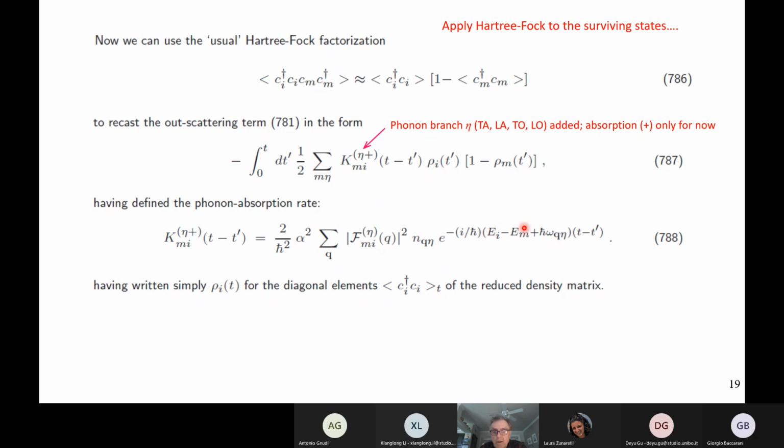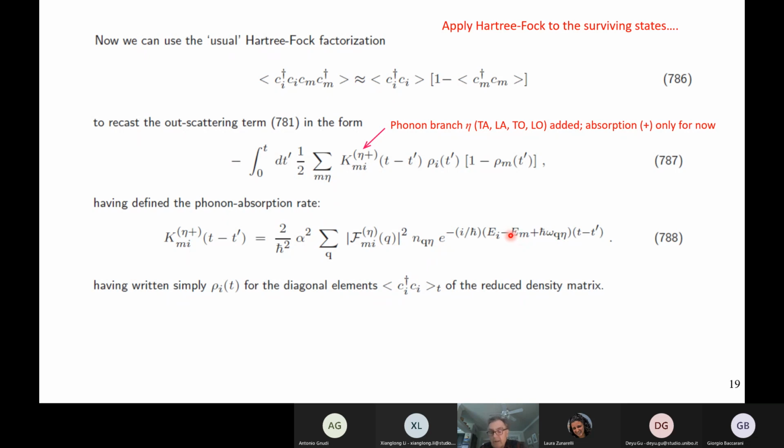We get this term in the denominator, but then we sum over q, and clearly we're going to hit a singularity when h bar omega q is equal to the difference in energy of the two states, which is exactly the situation in which we would have energy conservation: the two states are separated by an energy equal to the energy of the phonon which is emitted or absorbed, in this case absorbed.